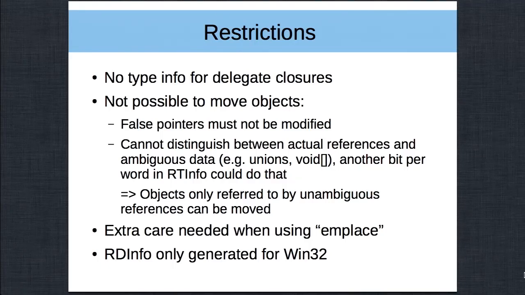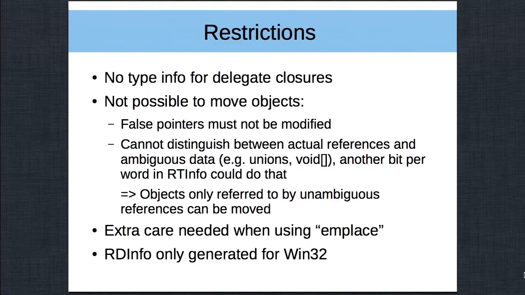If this existed, it would also help debugging, because that information could also be used by the debugger to display closure variables. It's currently also not possible to move objects because this one bit cannot describe whether it's maybe a false pointer or definitely maybe a pointer or definitely a pointer.